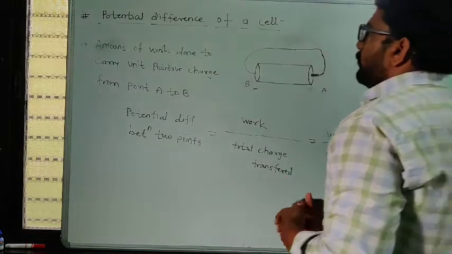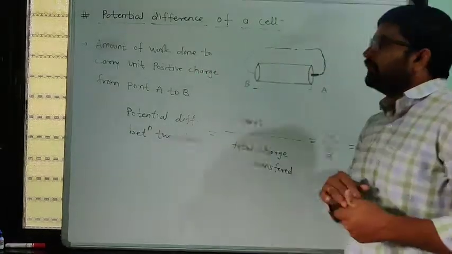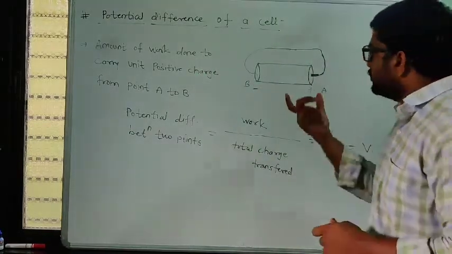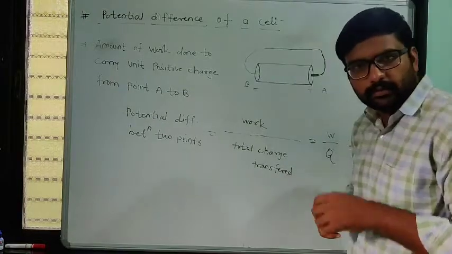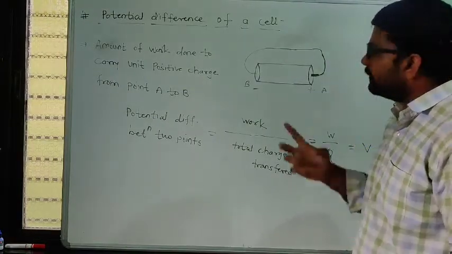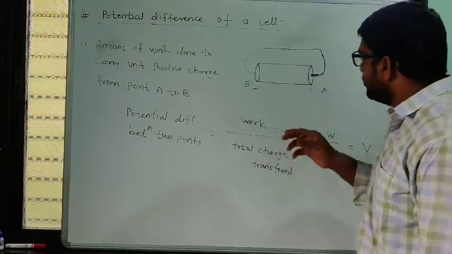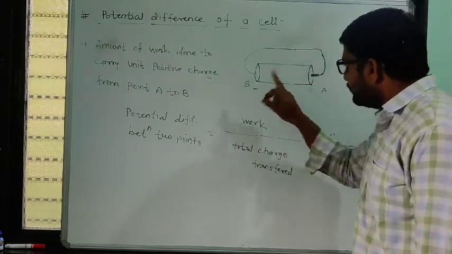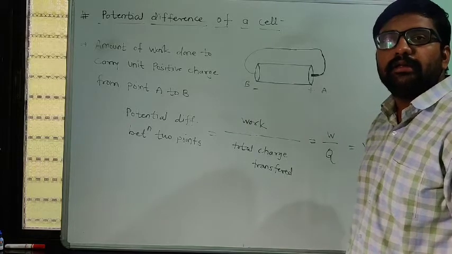So the next topic we have to see is the potential difference of a cell. Okay, suppose this is one cell. If you see the structure of a cell which is present in our remote, it is also like this. This is the positive terminal and this is the negative terminal of a cell.